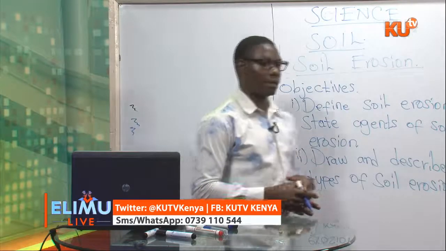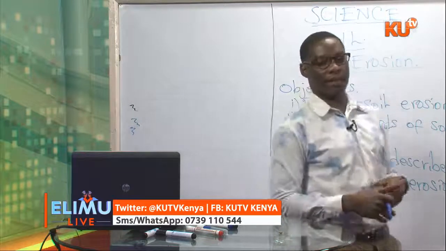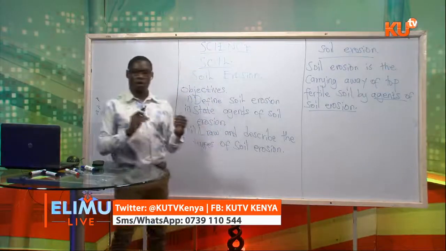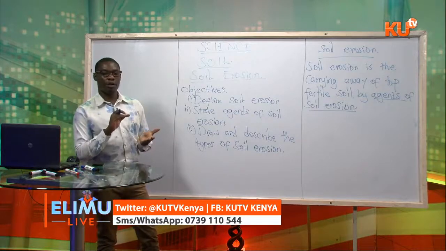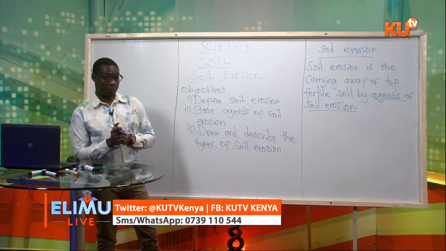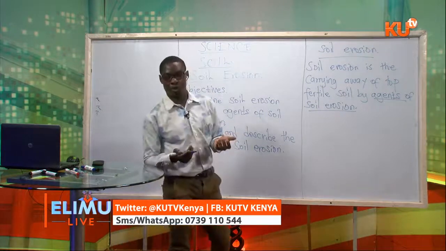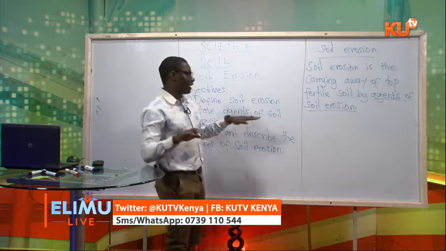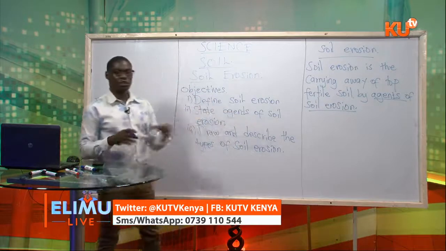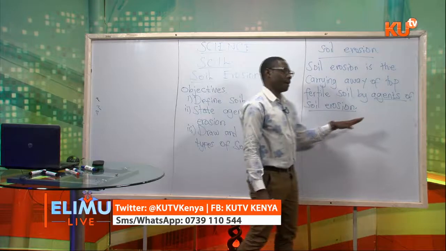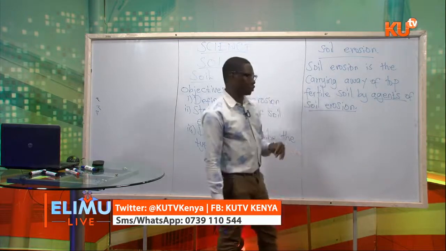If you look at different places, you will find that the level of soil usually goes down, especially when it is on a slope. It can be a steep slope or a gentle slope. On a flat land, soil erosion is not much compared to a steep slope or a gentle slope.